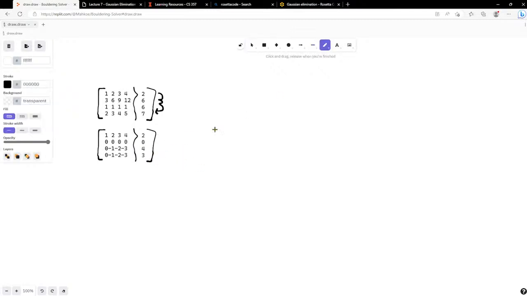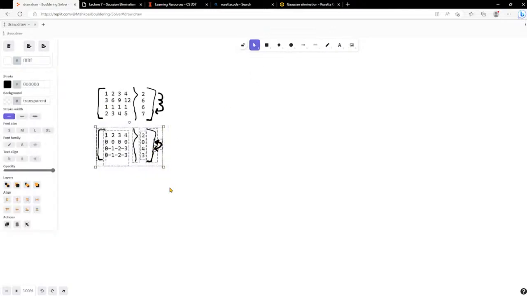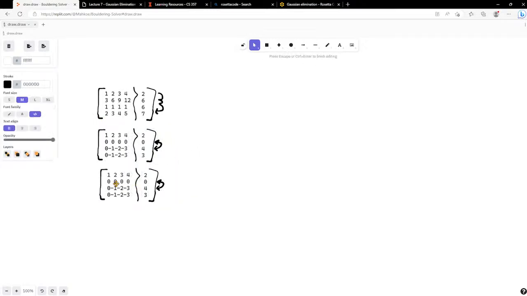Then we do a partial pivot here. So we take the largest in magnitude, so we may as well use this one, which is what I would get the computer to do probably. So this becomes minus 1 minus 2 minus 3. This is all zeros.